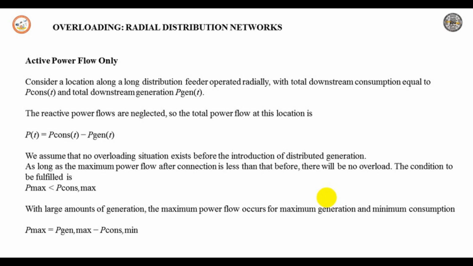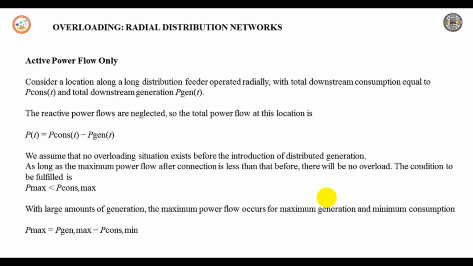So in this condition, the power maximum will be less than the power consumption maximum, where the power consumed is maximum, which will be less than the power maximum that is available with us. With a large amount of generation, the maximum power flow occurs through the maximum generation and the minimum consumption.